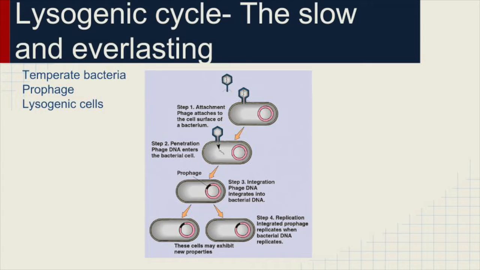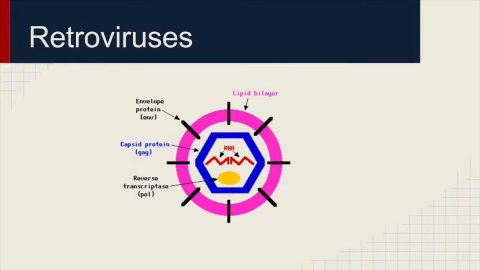Now, this will be a quick topic that I'll go over, and it's just a little extra. We're going to be talking about a retrovirus, which is just a different type of virus that is most common for using the lysogenic cycle because it uses RNA and reverse transcriptase, and that basically makes the process of going through the lysogenic cycle much faster than the other bacteriophage.